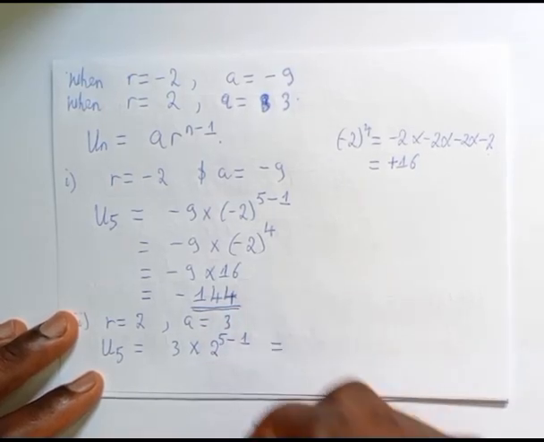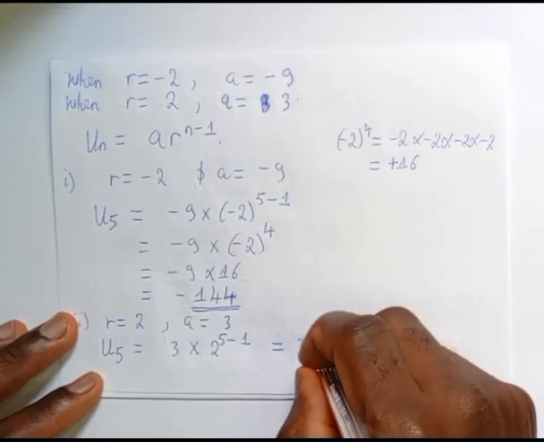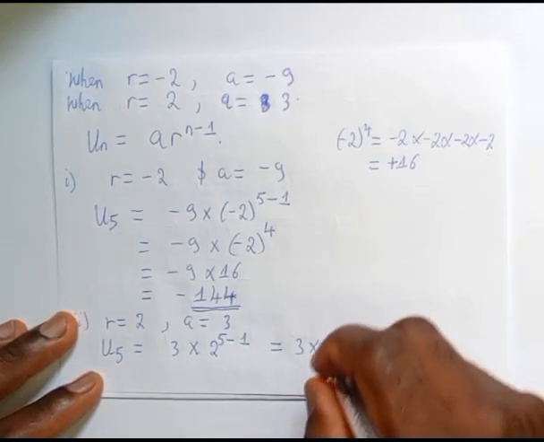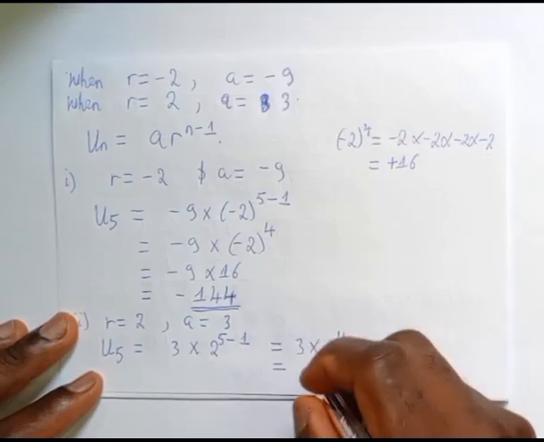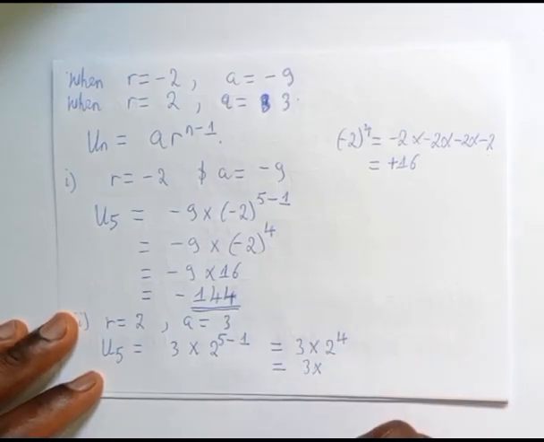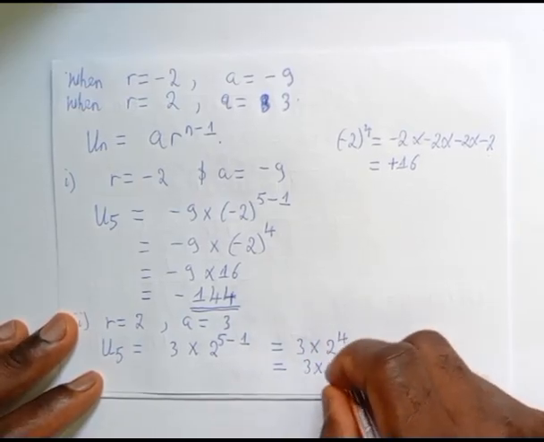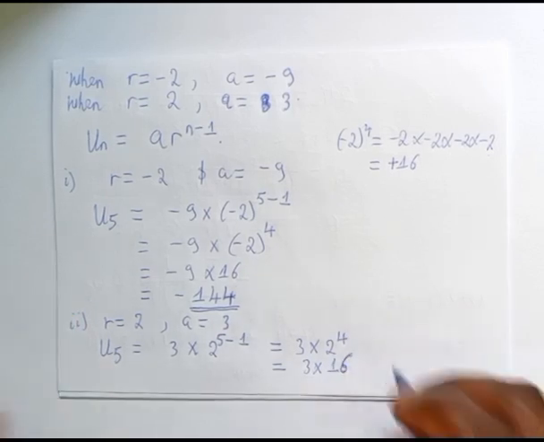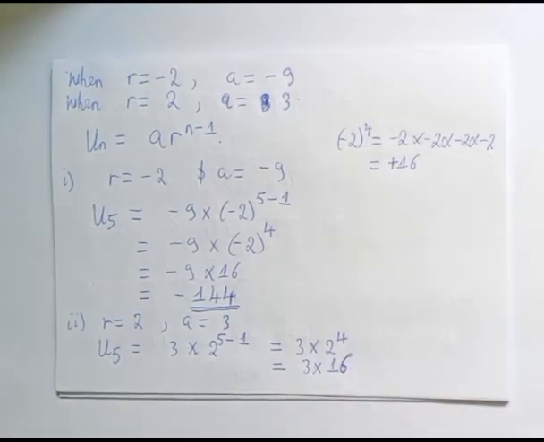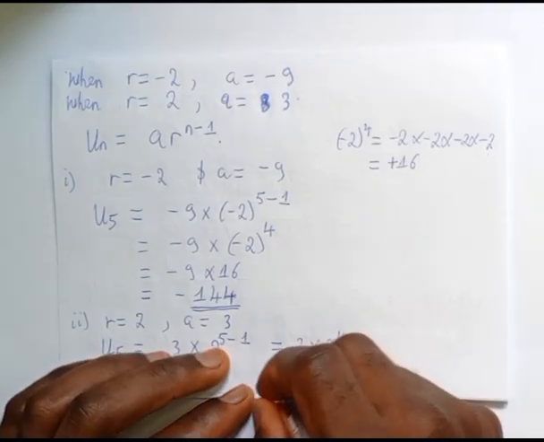And this will simply be equal to 3 times 2 raised to the power 4, which gives us 3 times 16, which is equal to 48.